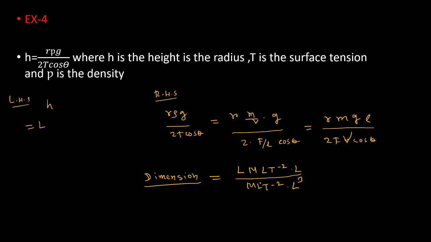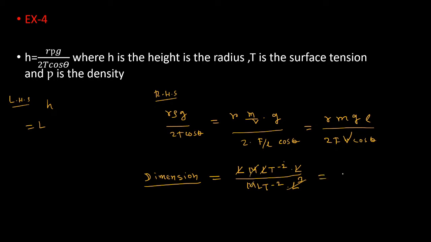So guys, what will remain from this equation? L, L, L. And this L cube will get cancelled, t to the power minus 2 and t to the power minus 2, this M and M will also get cancelled. So what will remain here?